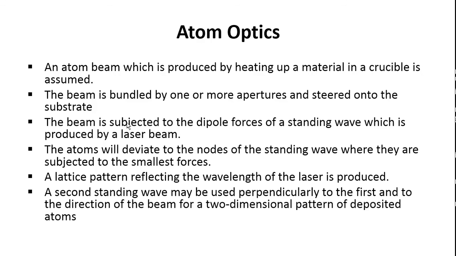When the material in the crucible is irradiated with a laser, or when it is heated up, it produces the atom beam, in the form of a gas, a plume, or a vapor.